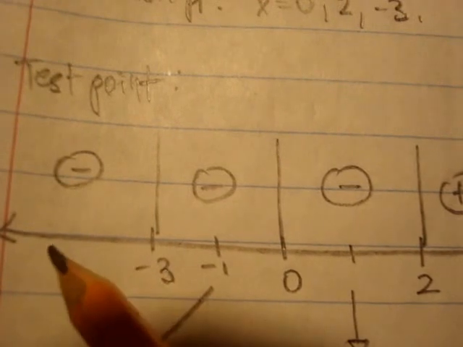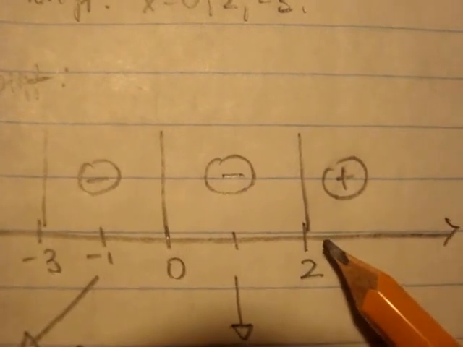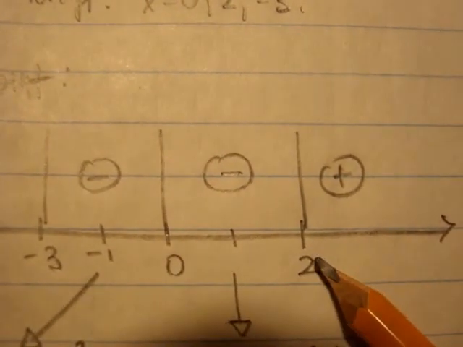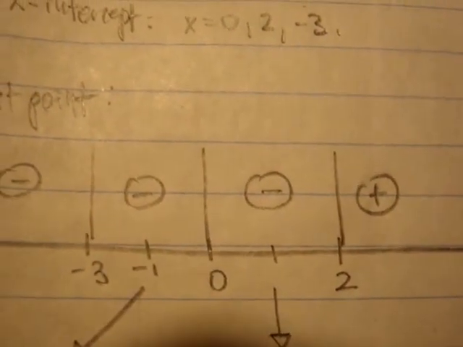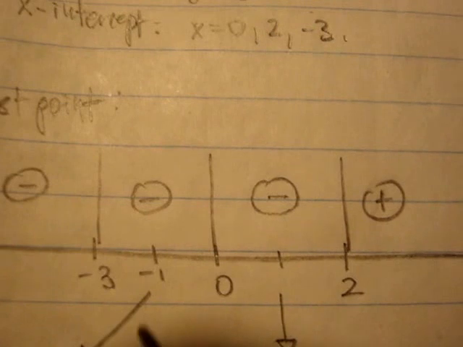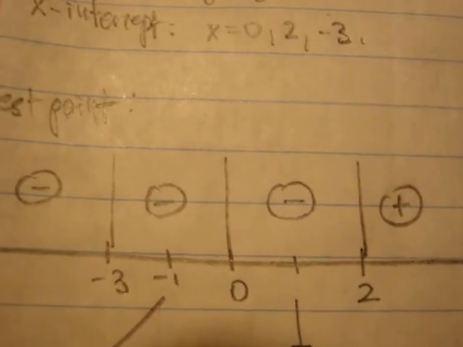And if you try negative 4, it'll be negative. You could try any other negative number, it'll still come out negative. The same is true right here: if you try any positive number greater than 2, it will always be positive. So the test point will show you how the graph will look.